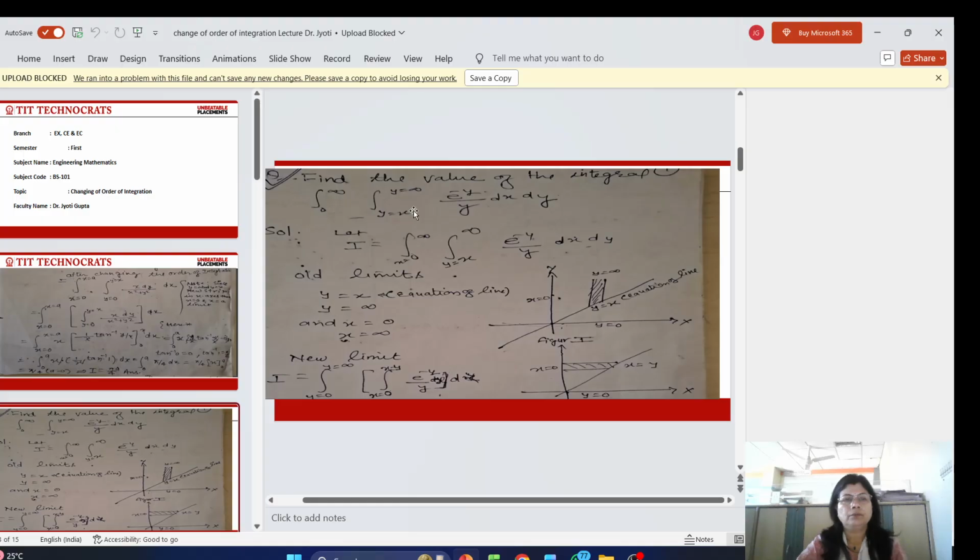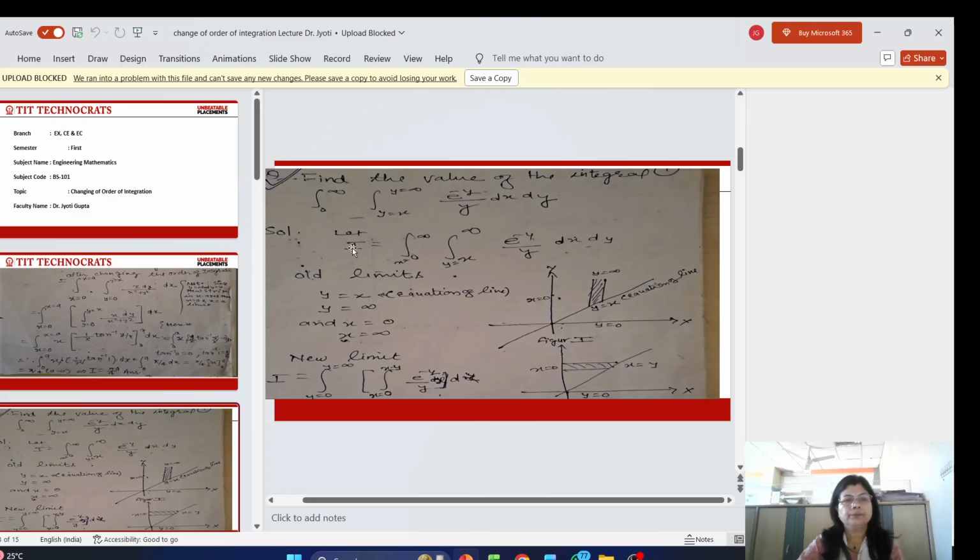So, we take a problem and then we understand. Find the value of the integration from 0 to infinity, integration of y is equal to x to y is equal to infinity, e to the power minus y upon y dx dy.